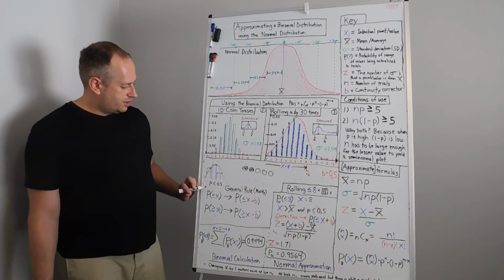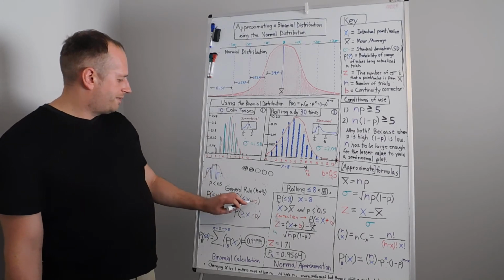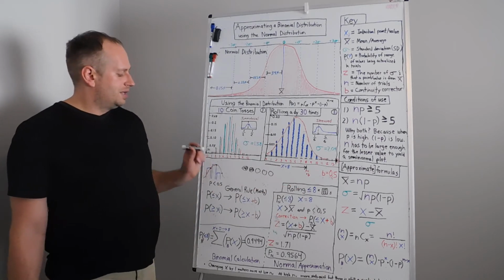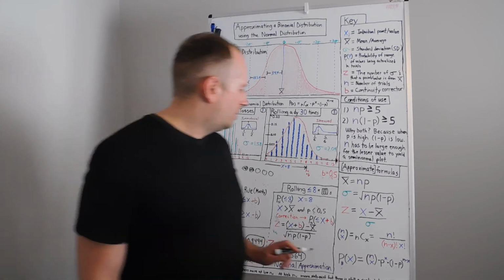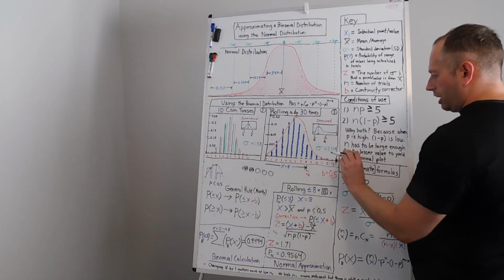So what you can do then is add the 0.5 to x. So we could use 8.5 for x, because we're looking at less than or equal to. If we're looking at greater than, we also want our value to be a little higher, but we're coming from the other side.